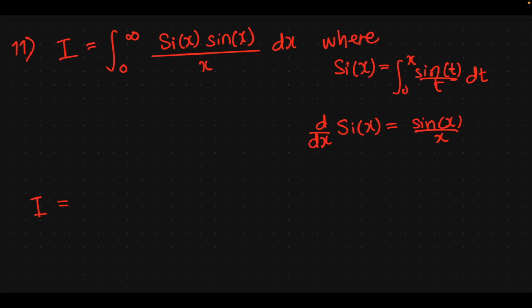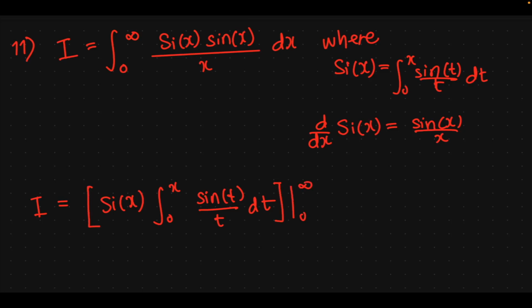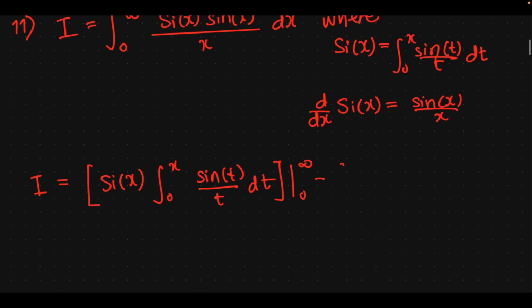So when I do that, I have Si(x), which is untouched, and the antiderivative, which is the integral from 0 to x of sine of t over t dt, all of this evaluated from 0 to infinity, minus the integral from 0 to infinity.